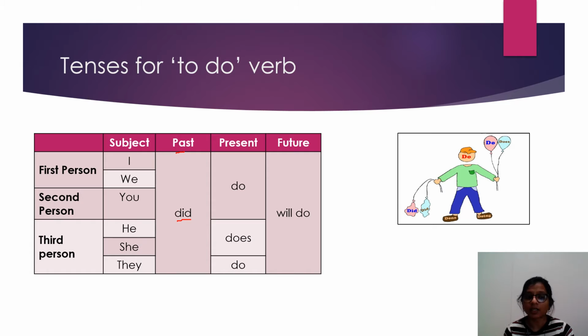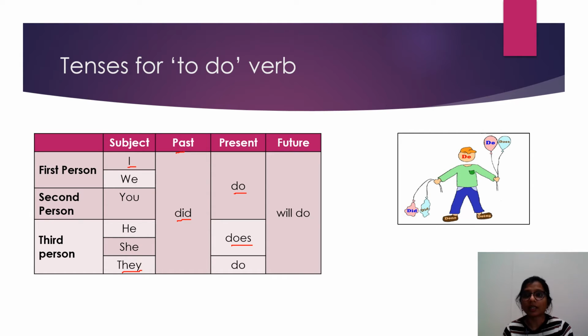It can be your singular noun in the first person, like I, or it can be your plural noun in the third person, like they. We will use did always. For the present tense, for first person and second person, we use do. Okay? For the third person singular noun, we use does.